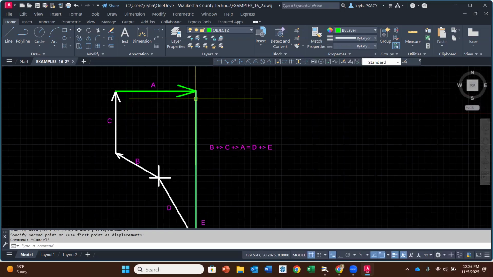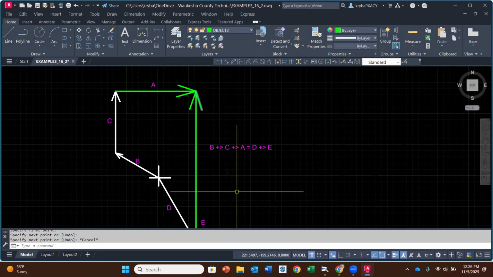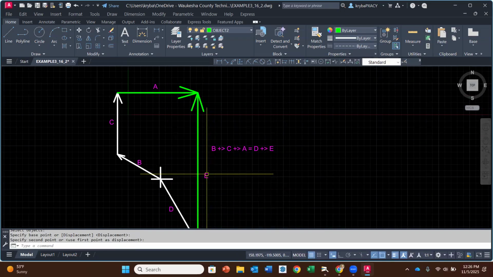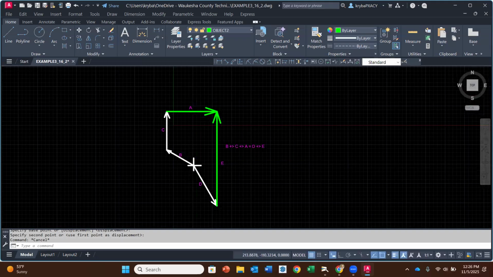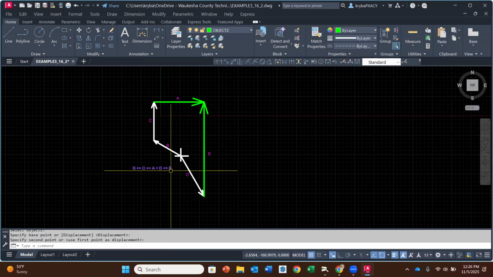So its arrowhead is going to meet up at the tip of A here, which also makes sense because we need those to be equal to each other, right? Have the same net effect on either side. And then I'm just going to move E's label right about there. Okay. And I'll move my equation maybe right there.